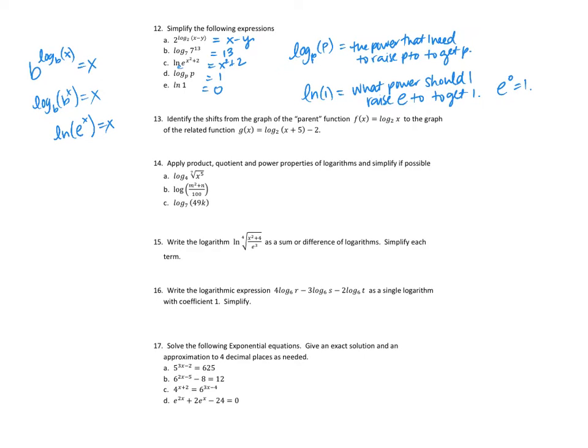Identify shifts from the graph of the parent function to the graph of that function. So log base 2 of x looks like this. If I think about my powers of 2, 2, 4, 8, it goes through this point.